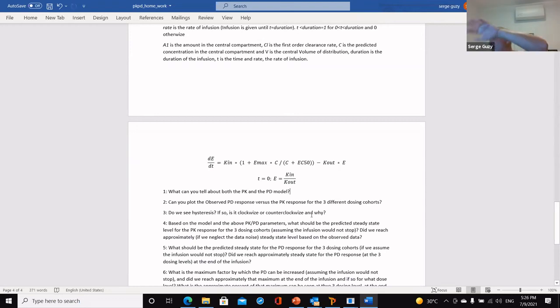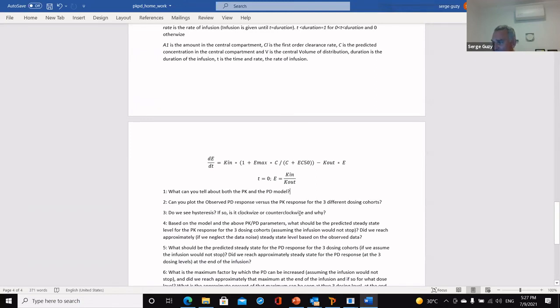In other words, when you are going to plot the PD versus the PK, and for each data point you are going to put the time, okay? Then you can see basically when the time goes up, what do you see with the hysteresis, if there's indeed an hysteresis? Is it clockwise or counterclockwise, and why?